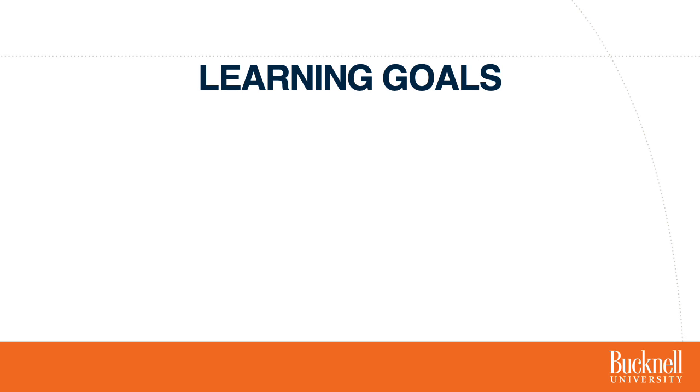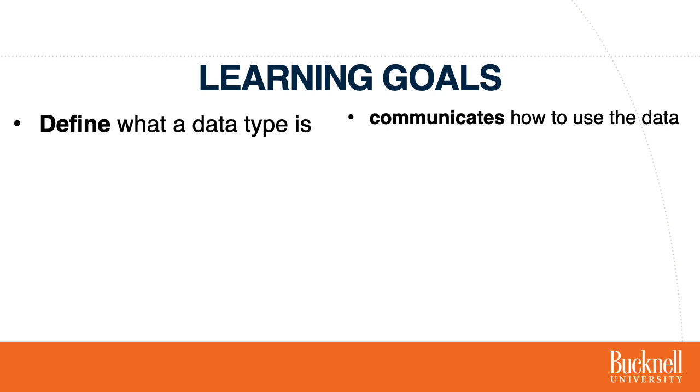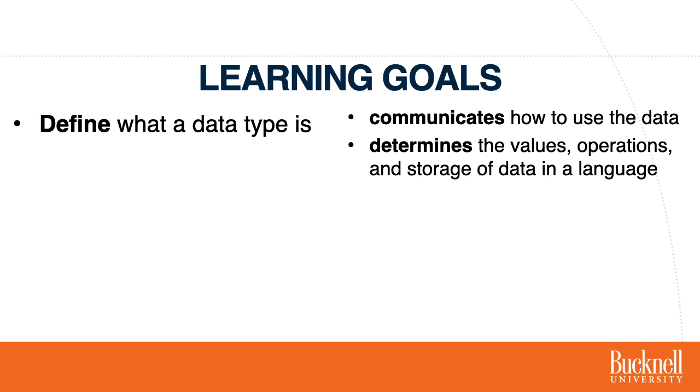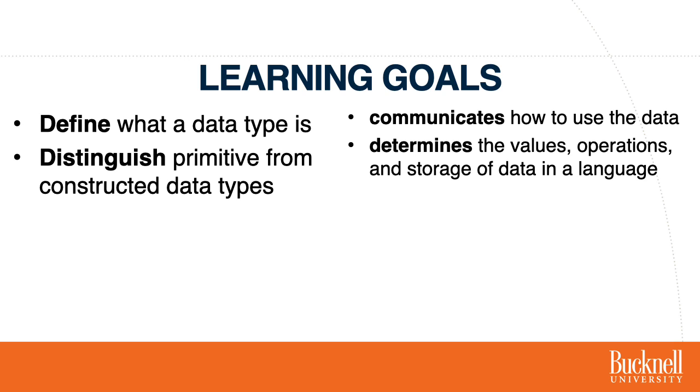All right, learning goals. We talked about what a data type is, and it does two things. It communicates how to use the data. It communicates between the programmer and the interpreter or compiler. It tells the interpreter or compiler specifically what values, operations, and storage of the data in a language is basically allowed. We've learned how to distinguish primitive from constructed data types, which, if you're not entirely sure, well, there's certainly a little bit of room for debate.